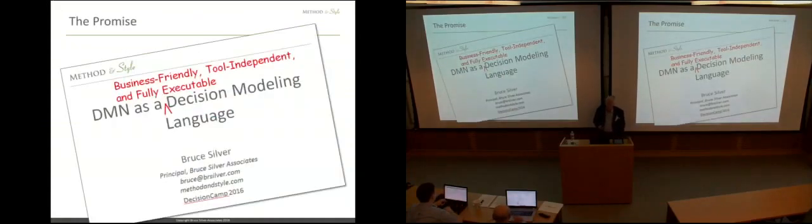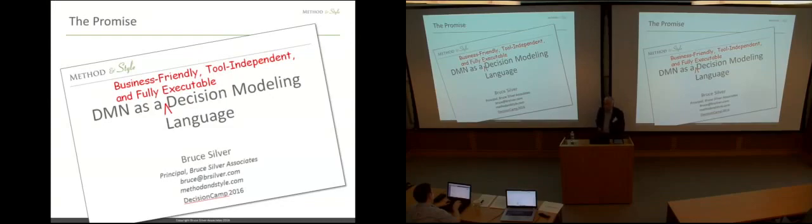So what I really should have called this talk is DMN as a business-friendly, tool-independent, and fully executable decision modeling language, because those qualities are essential to its fundamental promise, which is first, business users, this language is for you. Second, it works the same in any tool. And third, probably most important, what you model is what you execute.